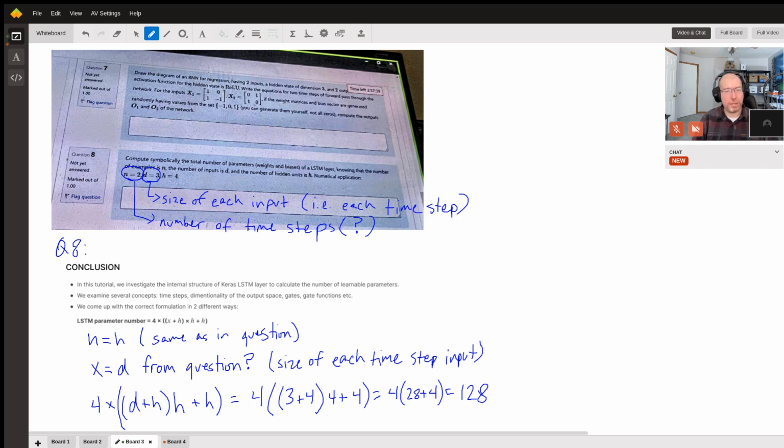And I guess, let's see: 2 inputs, hidden state dimension 3, and 2 outputs. The activation for the hidden state is ReLU.